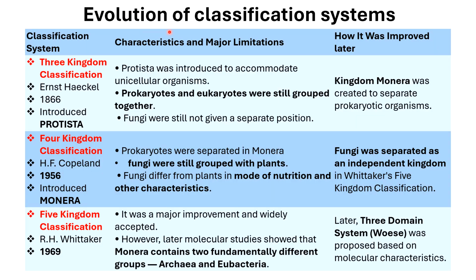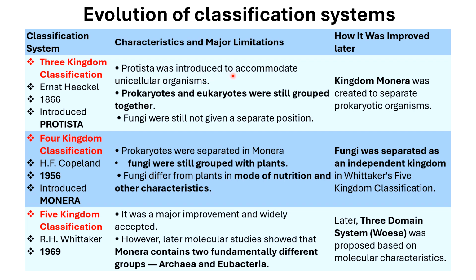Let us now see how the classification system evolved further. After the two kingdom classification came the three kingdom classification. It was given by Ernst Haeckel in the year 1866, and what did he do? He introduced a new kingdom, Protista. And what did it comprise of? It comprised of all the unicellular organisms.